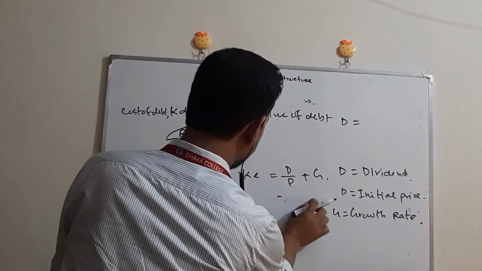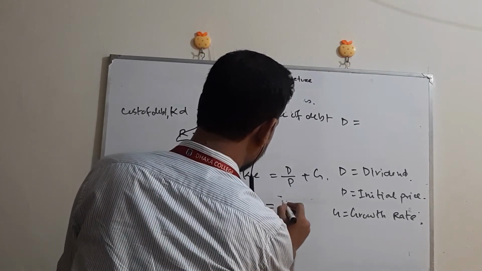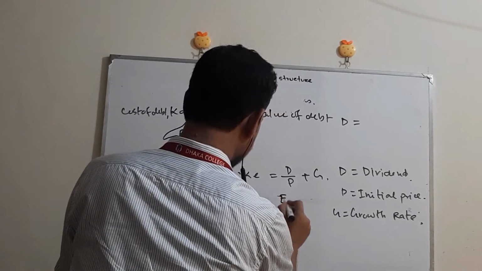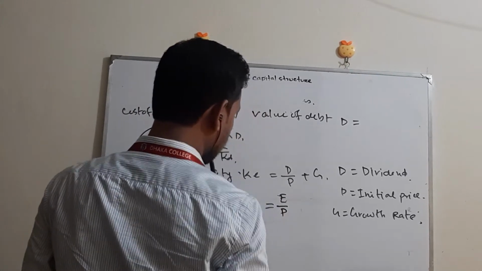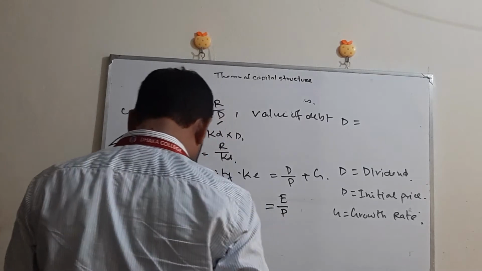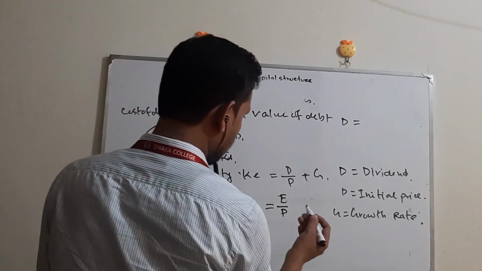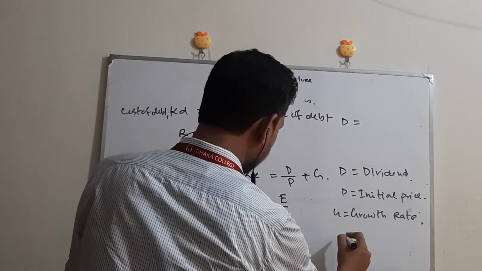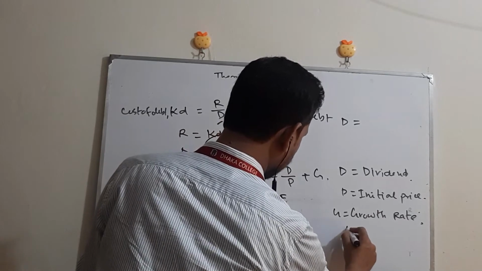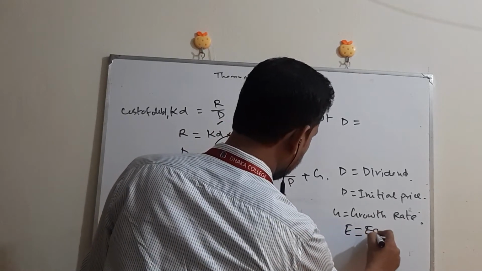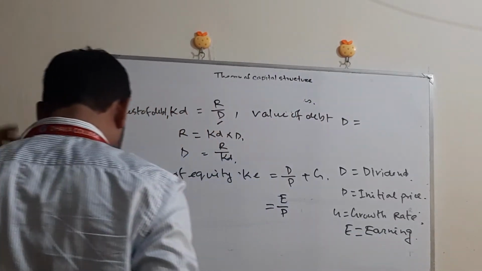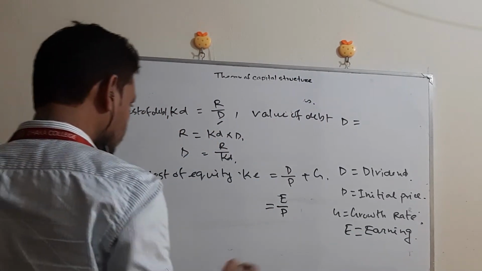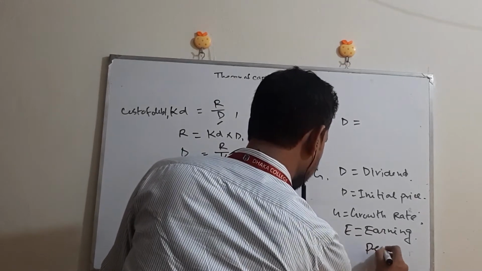It is also called in another way E by P, where E is earnings per share.